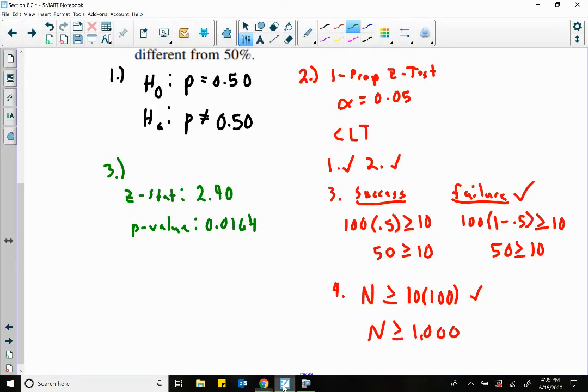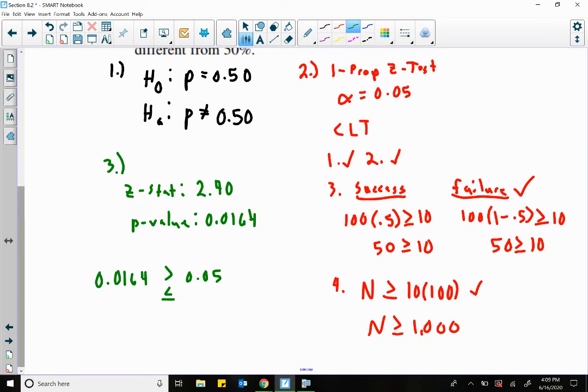Cool. All right. So there's that information. So there's our step 3. And in step 3, we also are going to do that compare. So our p-value was 0.0164. The question is, is that greater than, or is it less than or equal to 0.05?